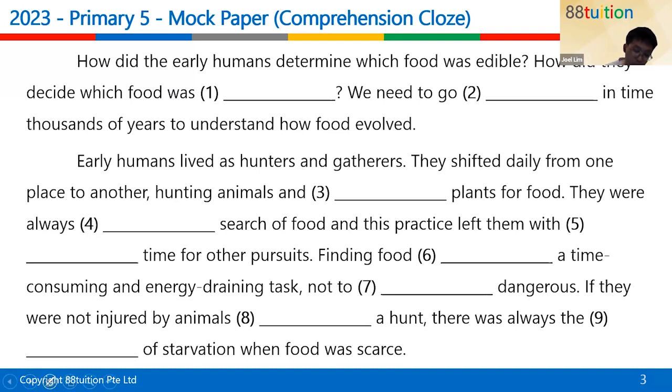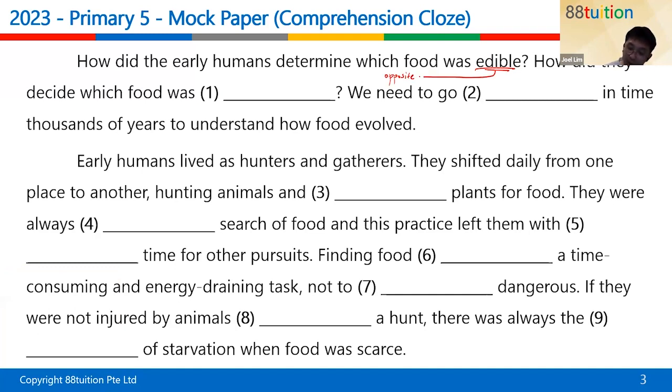So over here, you definitely have a clue in edible, right? Because you knew that, how early humans determined what food was edible. How did they decide which food was? You probably need the opposite meaning for this blank.